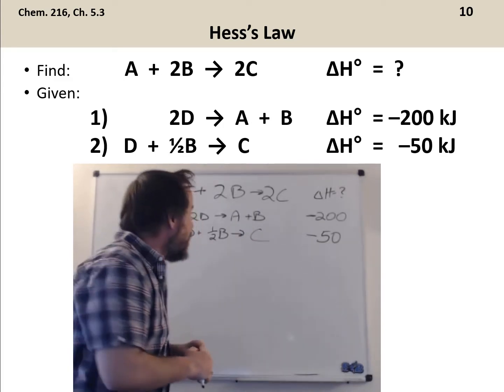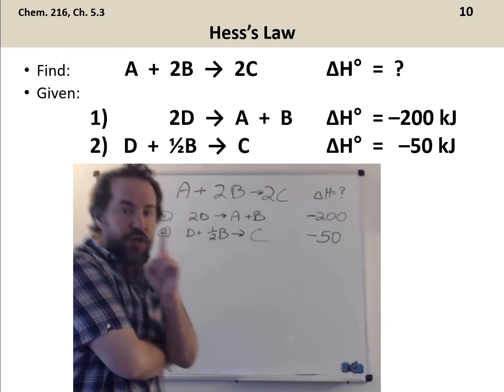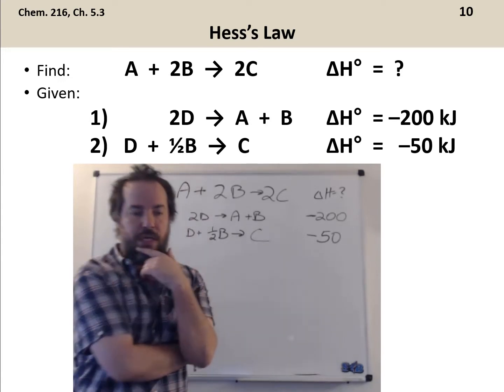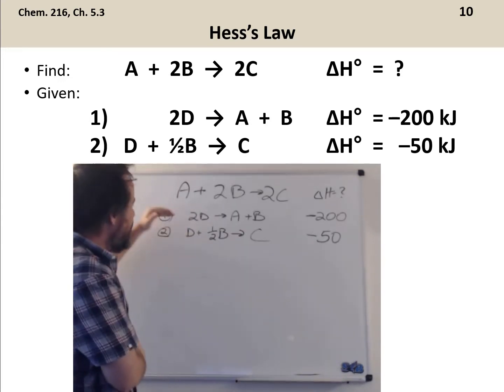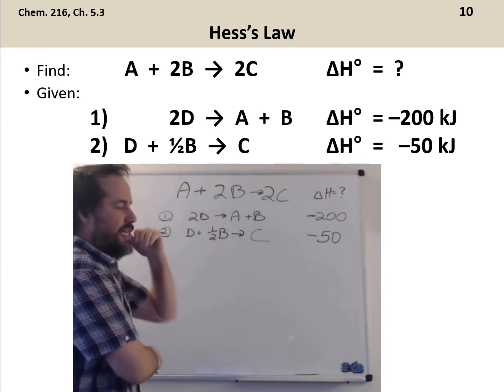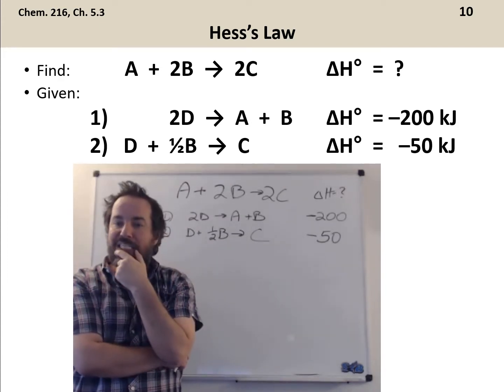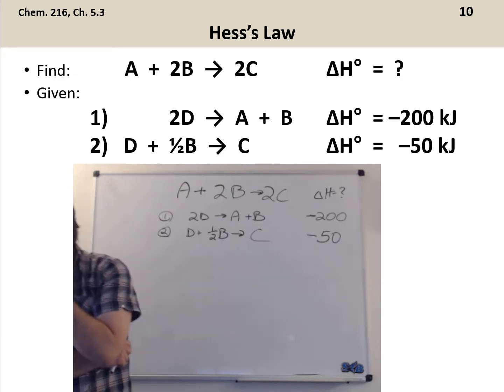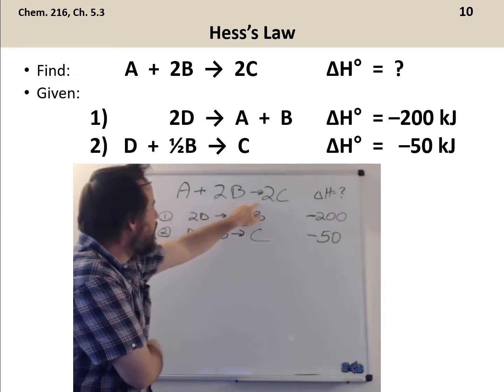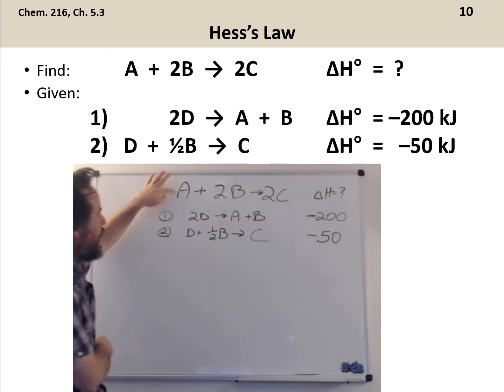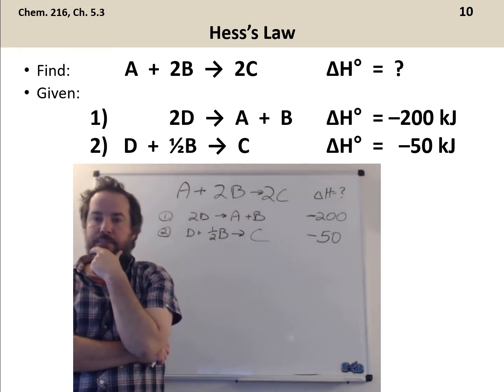Okay, so the first thing I should always do is look at this, and I need to manipulate these in a way to get to this. And this can be tough, but the first thing you always want to do is look at this and say, which reactions have A in them?